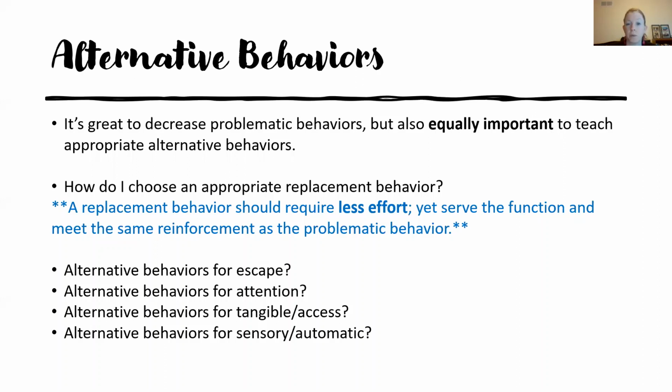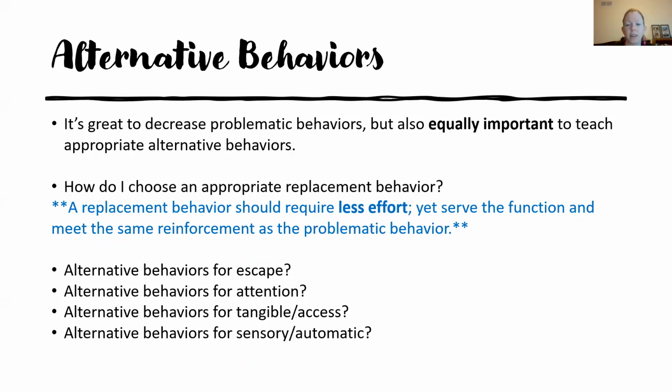So, how do you choose an appropriate replacement behavior? A replacement behavior should require less effort yet serve the same purpose and meet that same reinforcement as the problematic behavior.